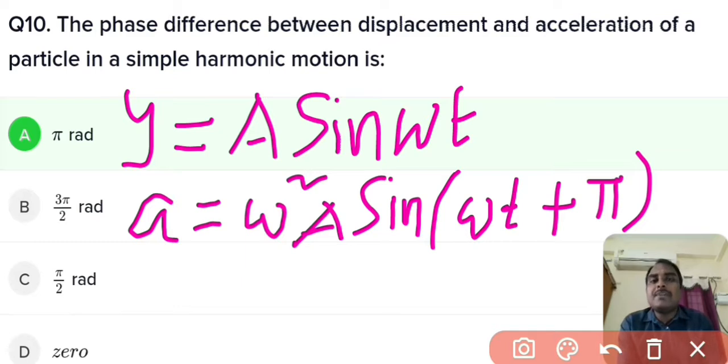Phase angle of displacement is omega t, phase angle of acceleration is omega t plus pi. Then the difference between the phase angles of displacement and acceleration is pi. Pi is the phase difference. So option A is the correct one.